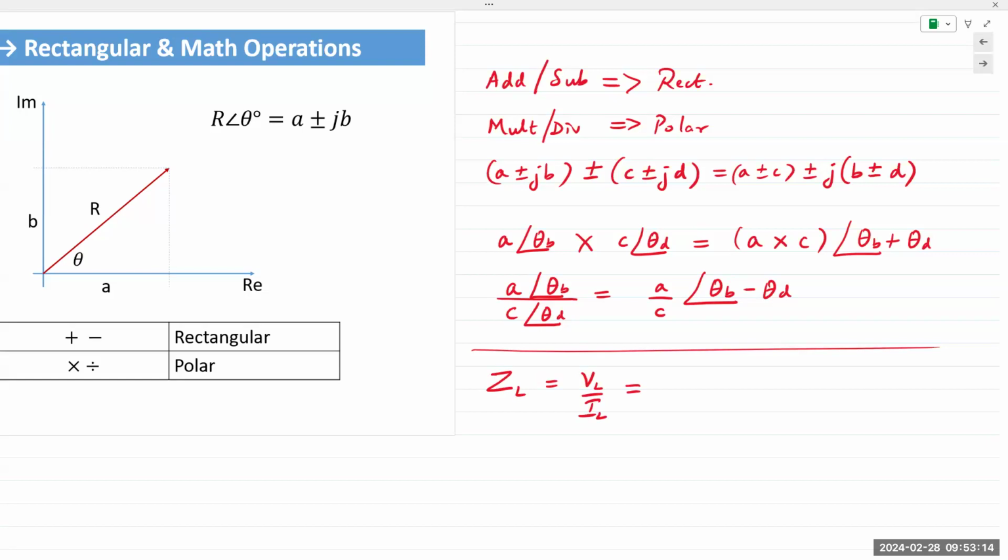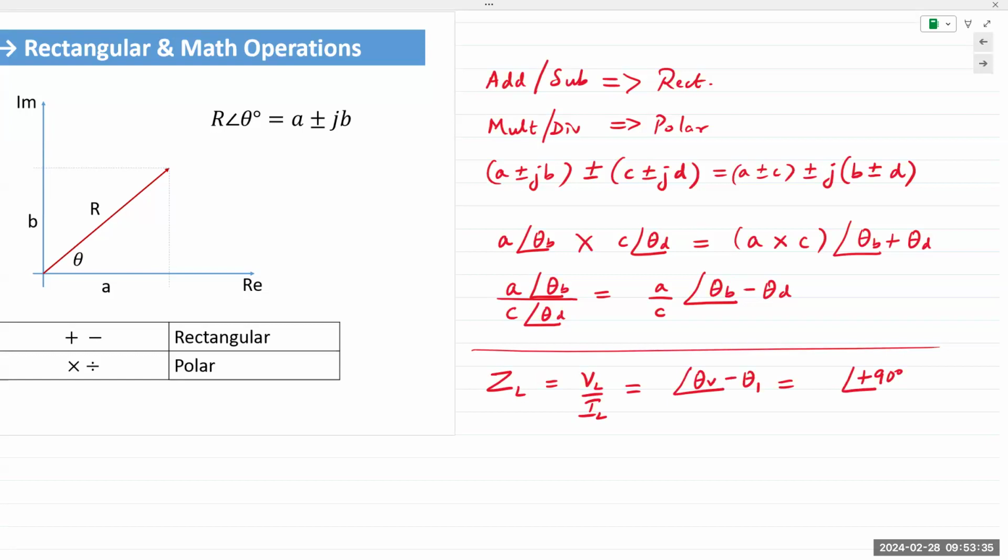Magnitudes would get divided, but the phase angles are subtracted. And we know that the voltage for an inductor is ahead of the current by 90 degrees. So this comes out to be plus 90.